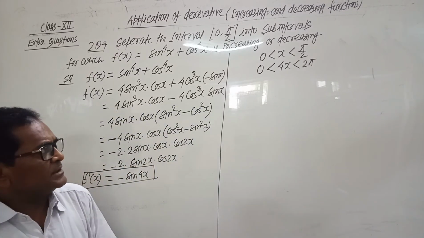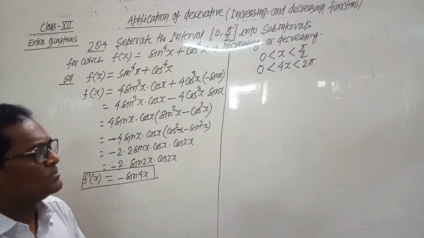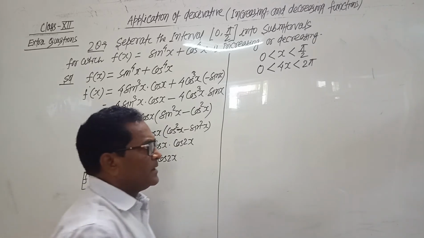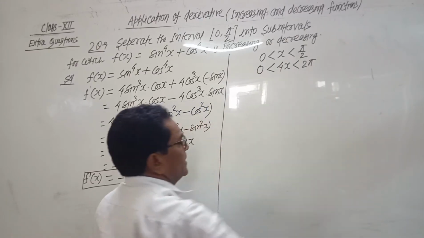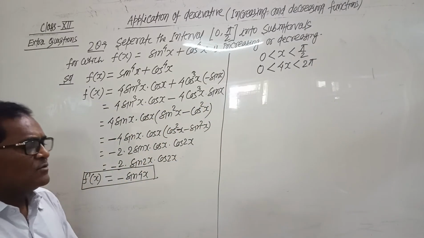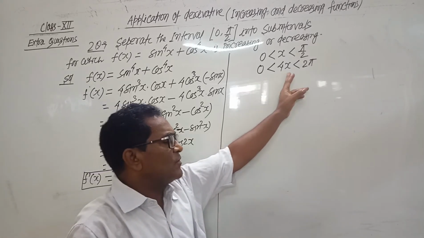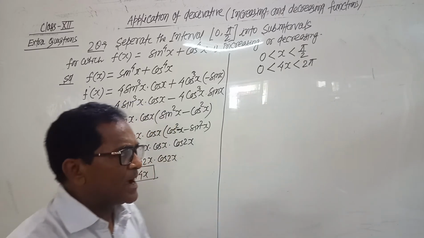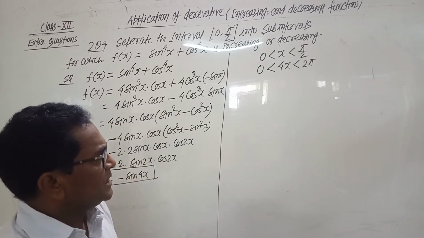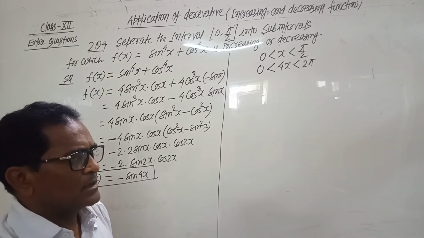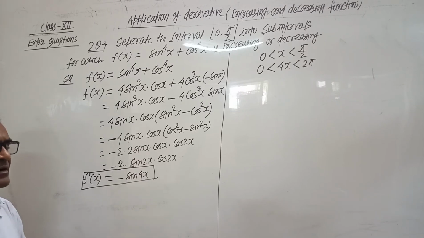This indicates that if the value of x lies from 0 to pi by 2, then the value of 4x must lie from 0 to 2 pi. We divide this interval in two parts, because this is the sine function.